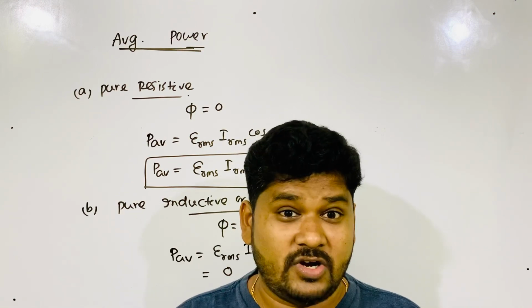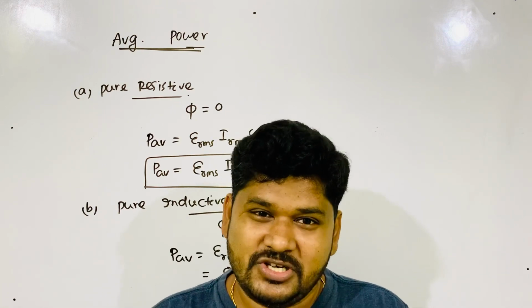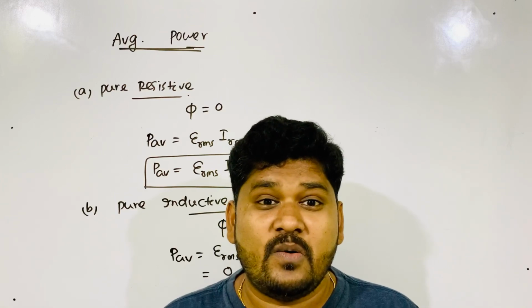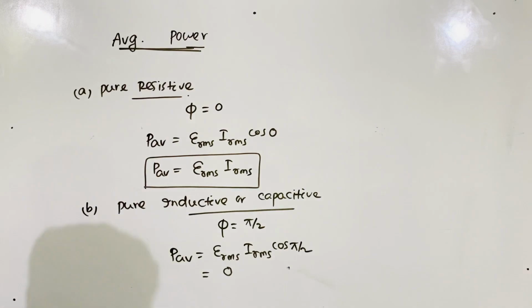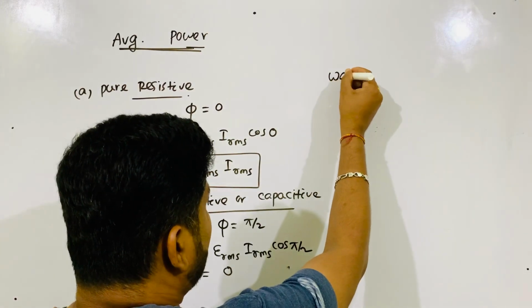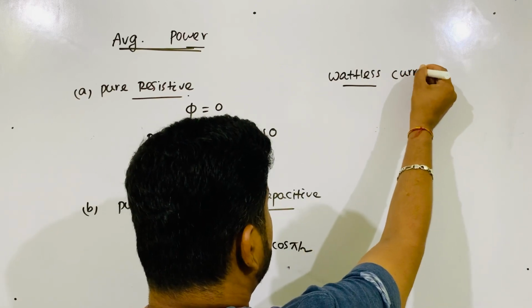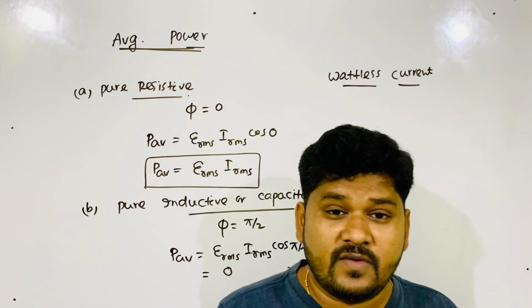Idle current, not ideal, idle means lazy because it is not doing work. So idle current or powerless current. In exam the definition will come. What is wattless current? Define wattless current.